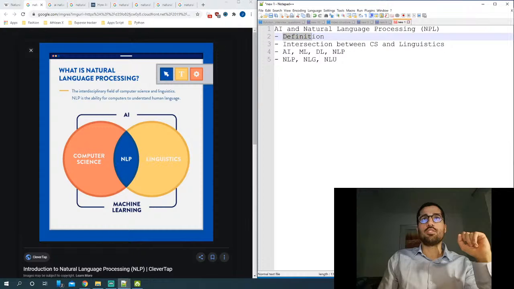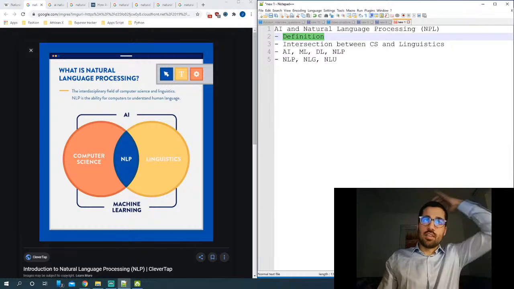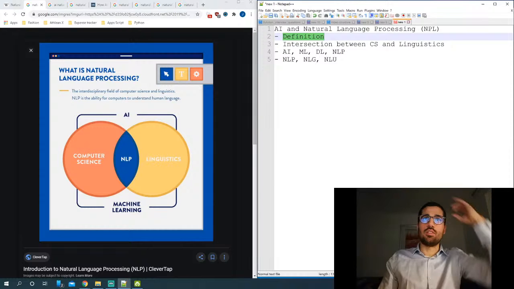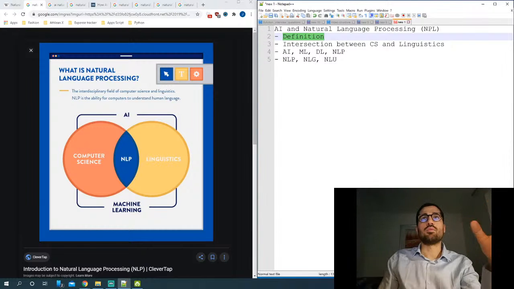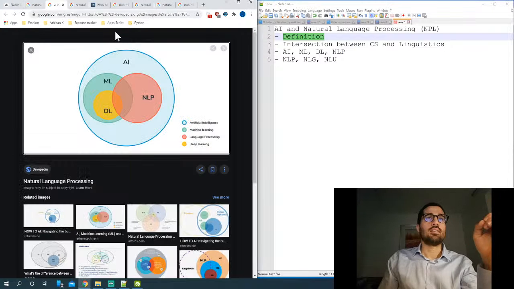So we've covered the first 2 points, the definition, and again we're repeating the definition piece by piece. So the first part is natural language processing is the intersection between computer science and linguistics. And the next part is a repetition again. So we have the biggest subset is artificial intelligence. A subset of artificial intelligence is machine learning, which is basically pattern recognition mainly.